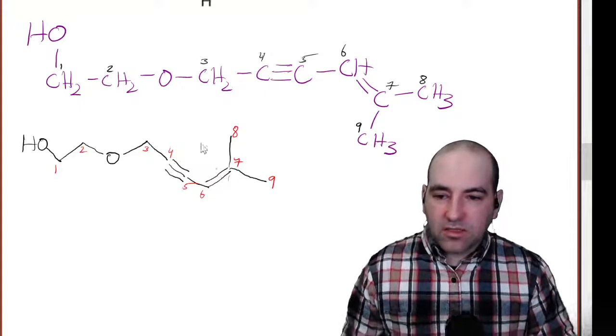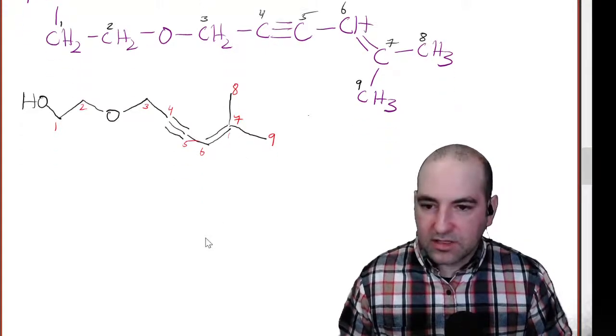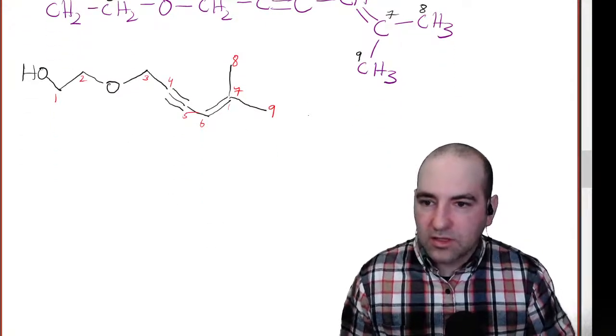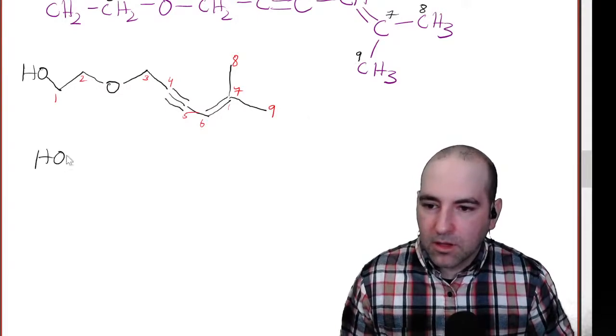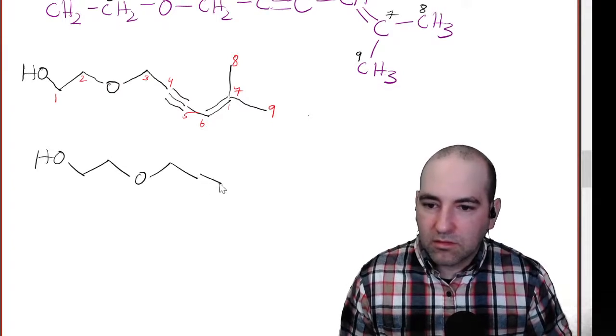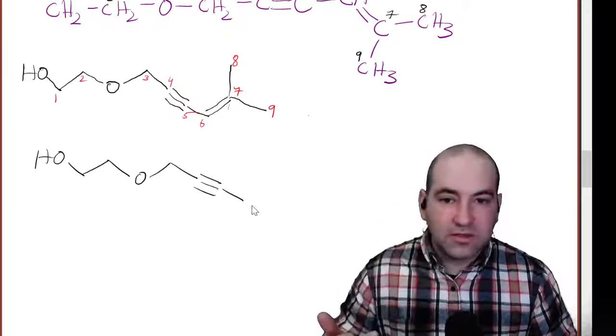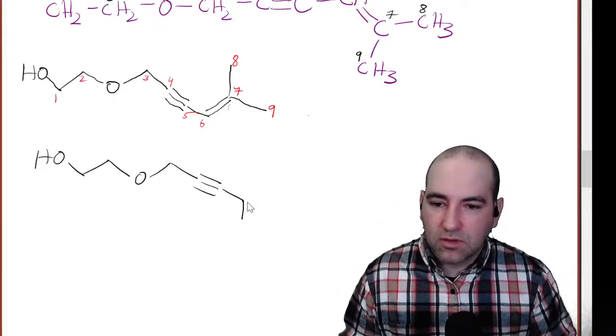Now, in terms of angles, are there other ways you could do this? Yes, and they would also be correct. So for example, let's say we did everything the same, but down here, when we got to that double bond, we decided to go down instead of up. No problem.